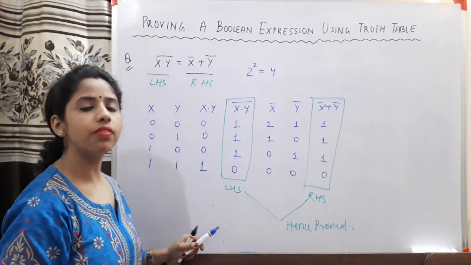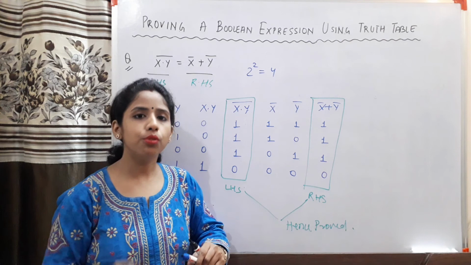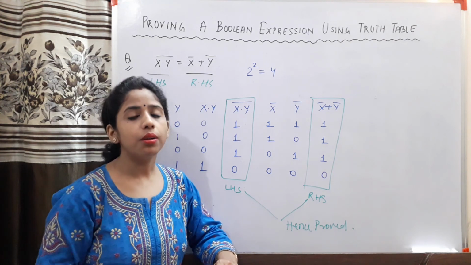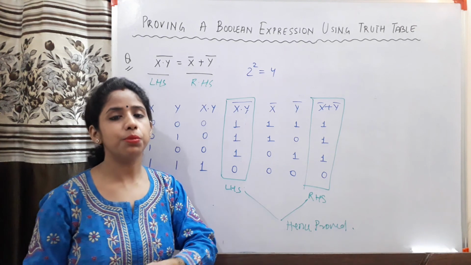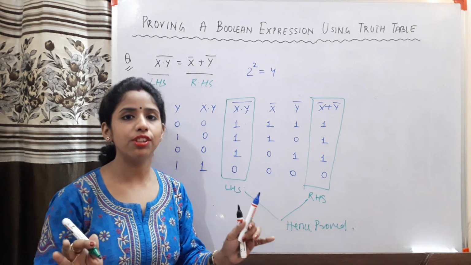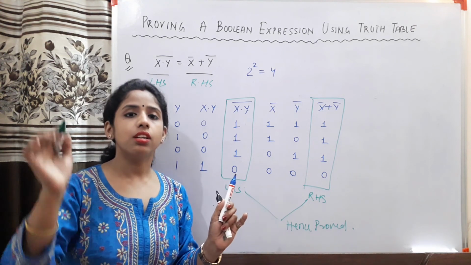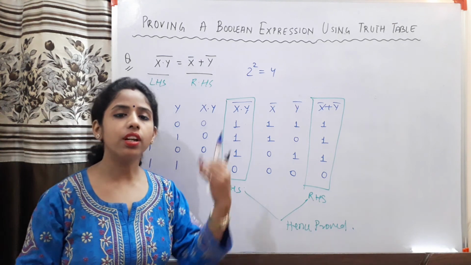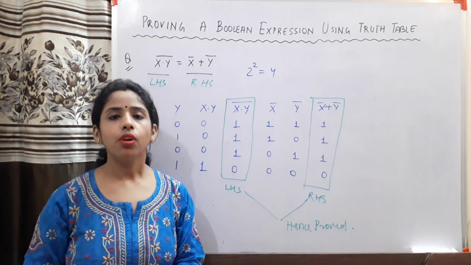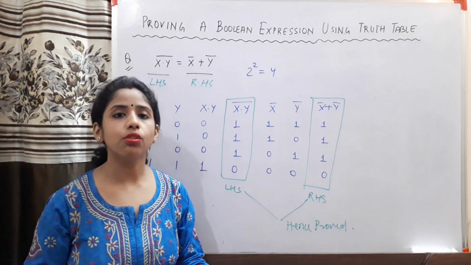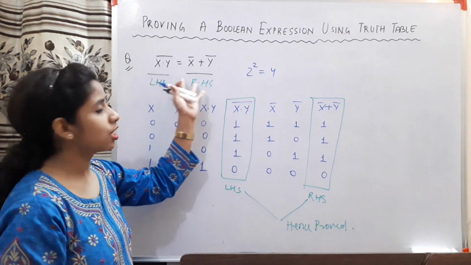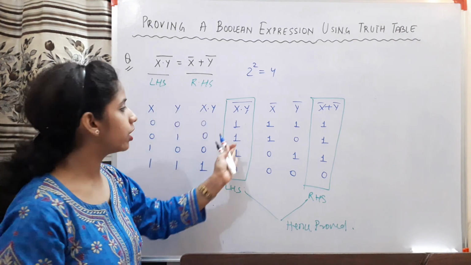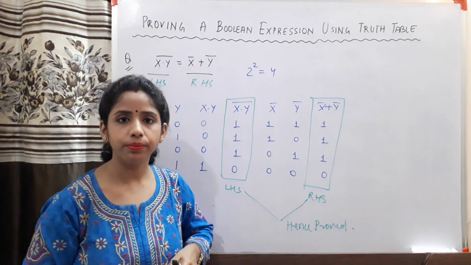So in the same way, whenever you are given any Boolean expression, you can simply prove it by solving the left hand side expression and right hand side expression individually, and then show that the result of left hand side expression is equal to the result of the right hand side expression. Now nothing new is there in any of the questions, only this expression will change, and if you are asked to prove, then you prove it like this and the work will be done. Clear?